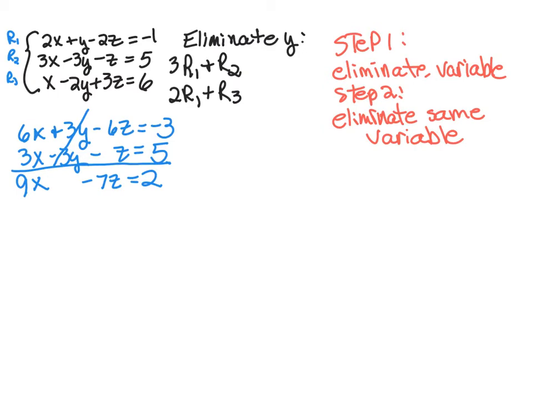So I'm going to multiply through both sides of the equation. 2 times 2x plus 2y minus 2 times 2 is 4z equals 2 times a negative 1, which gives me negative 2. Copy row 3 as it is.